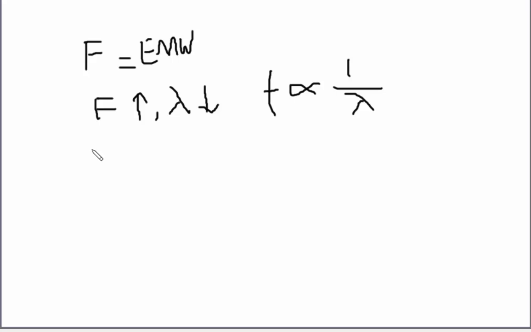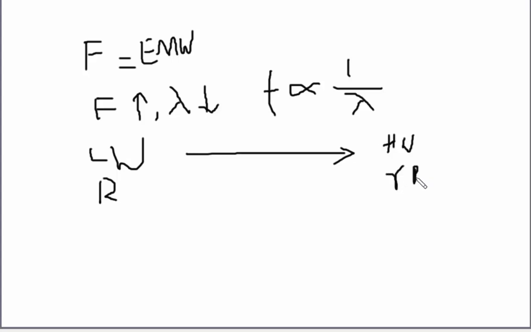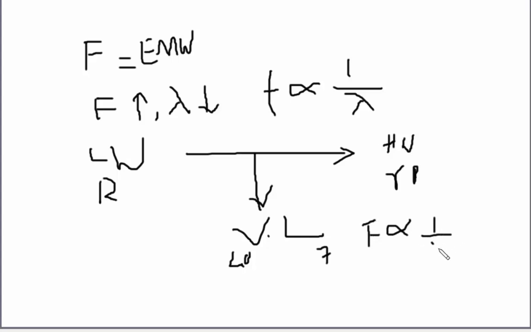In the electromagnetic spectrum, it starts from the lower frequency, radio waves, to the higher frequency, maximum gamma rays. In between comes our visible light, with wavelength 400 nanometers to 700 nanometers. Simply, we call it F is inversely proportional to lambda.